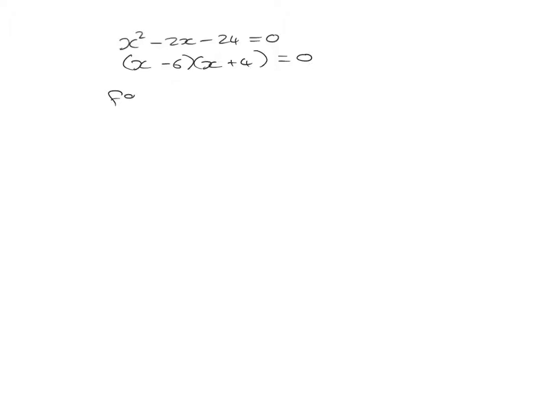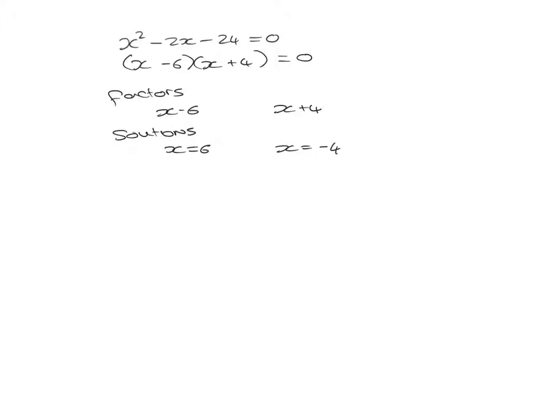So the factors are going to be x minus 6 and x plus 4. And by setting each factor equal to 0, we can come up with the solutions. So if x minus 6 is equal to 0, then x equals 6. And if x plus 4 is equal to 0, then x equals negative 4. So these are the solutions.